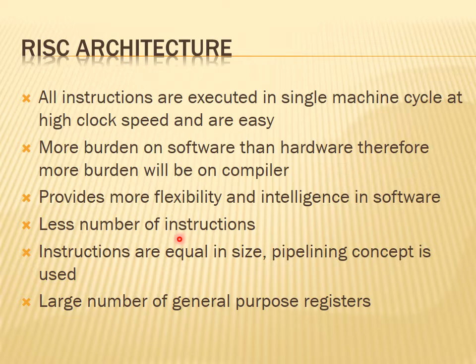That is the beauty of the RISC architecture. Instructions are equal in size, and mostly single machine cycle, as I told you. A pipelining concept is used, and we'll see more detail on the pipelining concept further. And of course, a large number of general purpose registers are there.